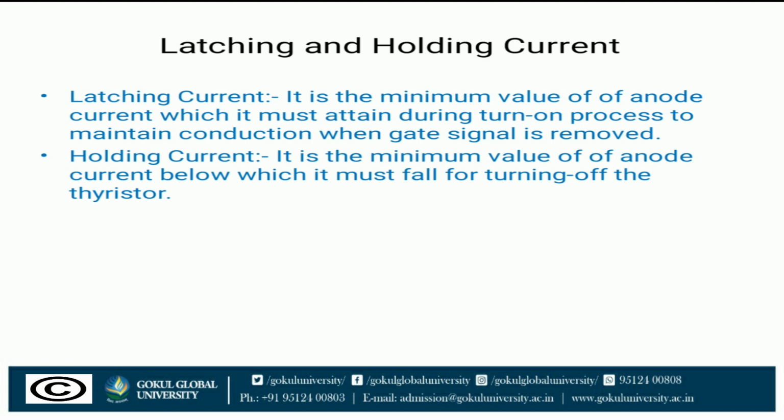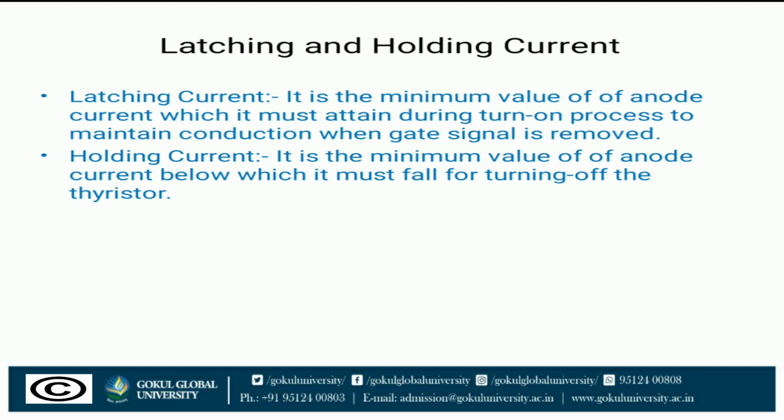The gate pulse width should therefore be judiciously chosen to ensure that the anode current rises above the latching current. Thus, latching current may be defined as the minimum value of anode current which it must attain during a turn-on process to maintain conduction when the gate signal is removed.